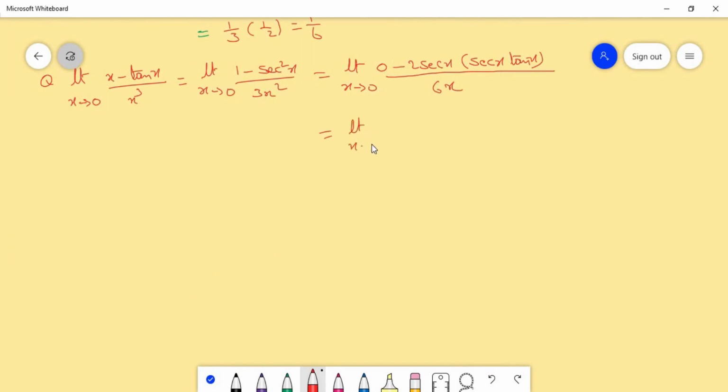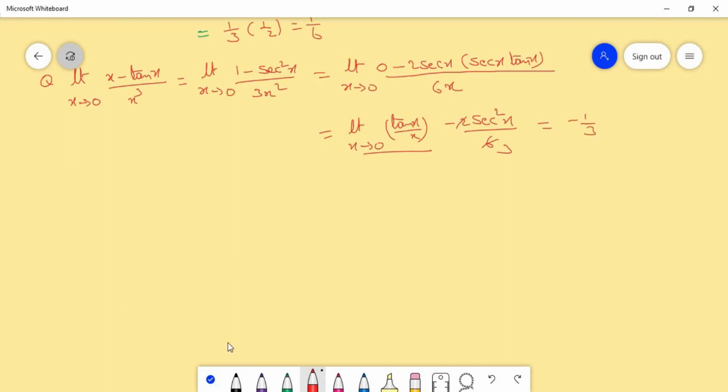Limit x tends to 0, tan x by x, remaining minus 2 secant square x by 6. Here 2, here 1, 3 times cancel. This is totally 1 and this is 1 by 3. Total answer is minus 1 by 3.